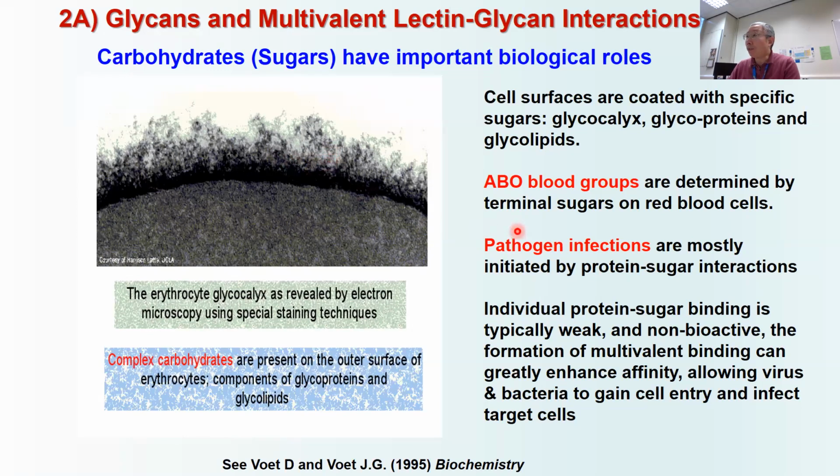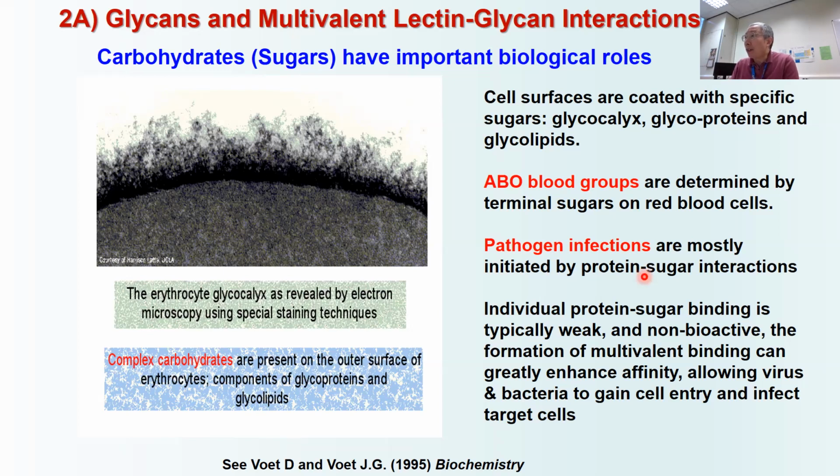In fact, our different blood groups are really determined by this sugar content on the red blood cell. And of course, if you think about pathogens, viruses, bacteria, if they want to infect cells, they have to navigate through these sugar coatings, and then have some kind of specific interaction in order to enter the cells.